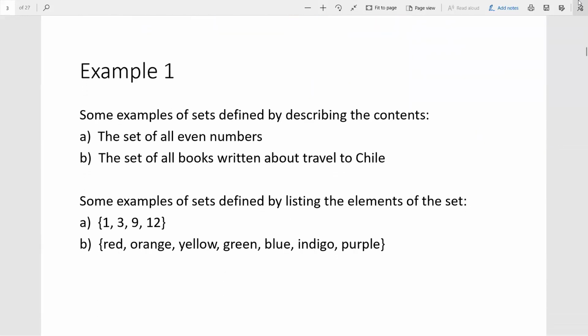Some examples of sets defined by describing the contents: the set of all even numbers, the set of all books written about travel to Chile. Some examples of sets defined by listing the elements are 1, 3, 9, and 12, or you could list a bunch of colors as shown here.